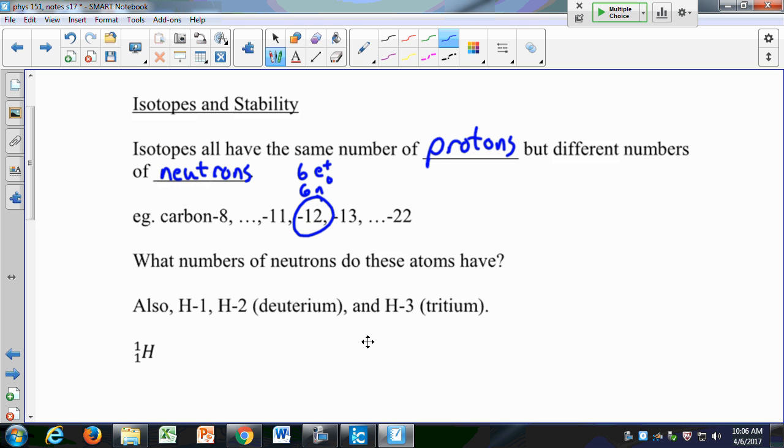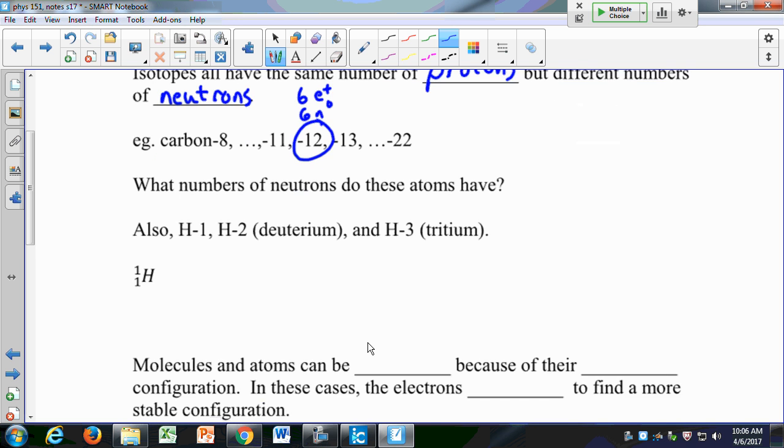How many neutrons would carbon 8 have? It has 6 protons, and if the atomic mass number is 8, that means how many neutrons? It has 2, right? You just take the difference. So be able to do that for the test coming up, that you can identify the number of protons, neutrons, and or electrons for an atom.